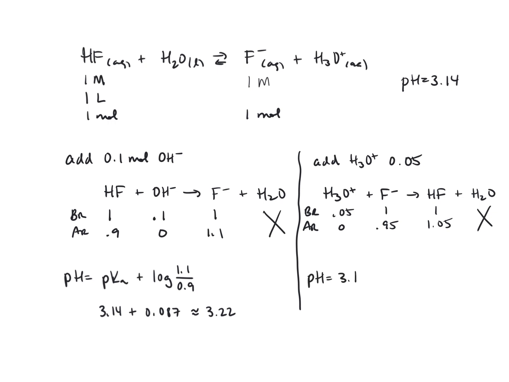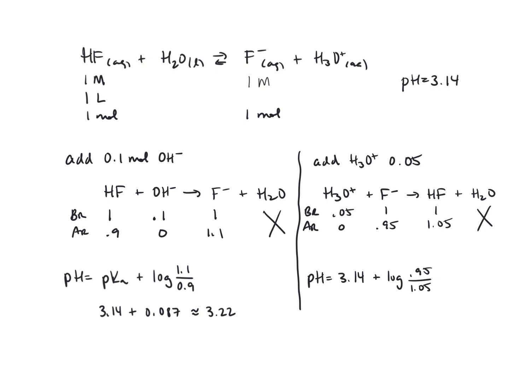The pKa was 3.14 plus log, okay, the F minus is 0.95 over 1.05. Remember, the pH equals the pKa, by the way, when the conjugate acid-base pair is 1:1.